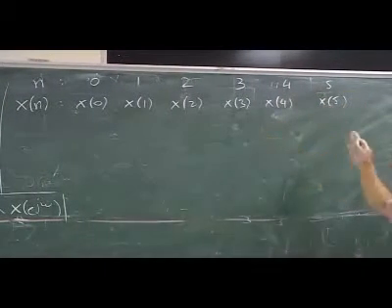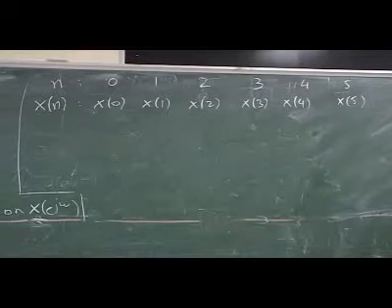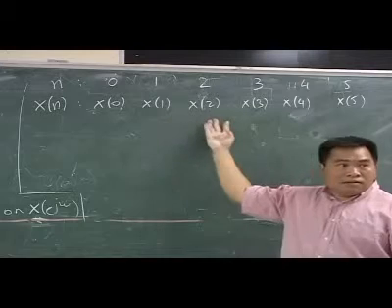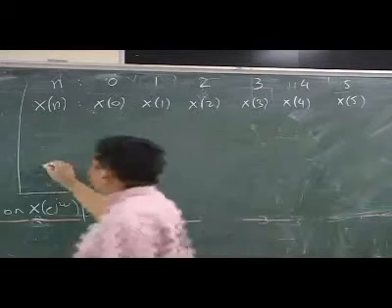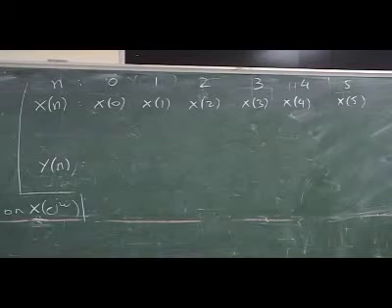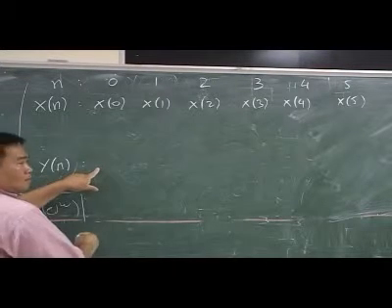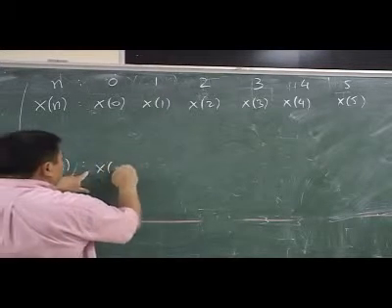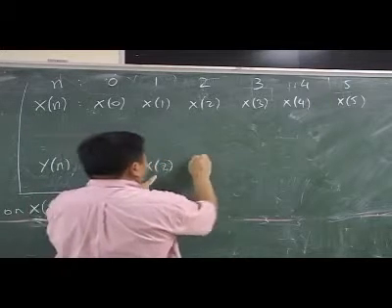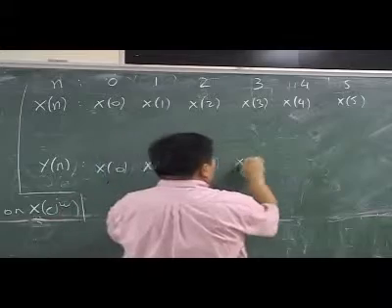Here, basically, is the general way to denote the samples. You can take any value here. What do I want for y of n? What's y of 0? X of 0. What is y of 1? X of 2. Then X of 4, X of 6.